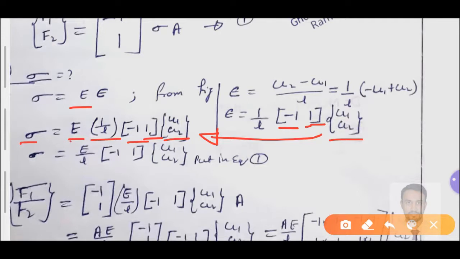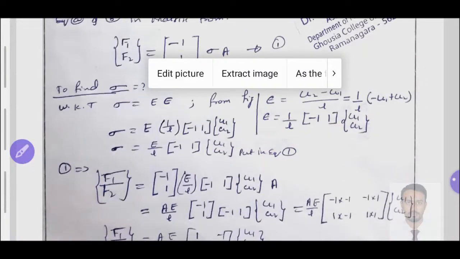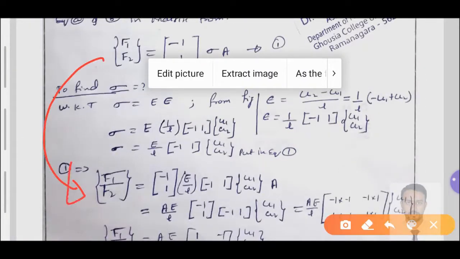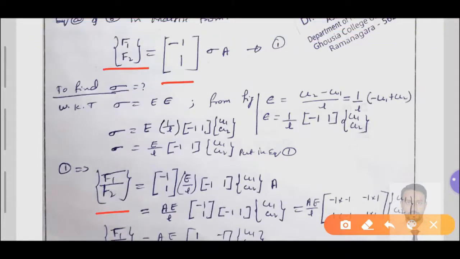Now I'll rearrange this equation, E by L minus 1 1 U1 U2, putting it in equation number 1. Equation number 1 becomes F1 F2, which remains as it is. This one I have copied, and this one I have copied; only this one has changed.